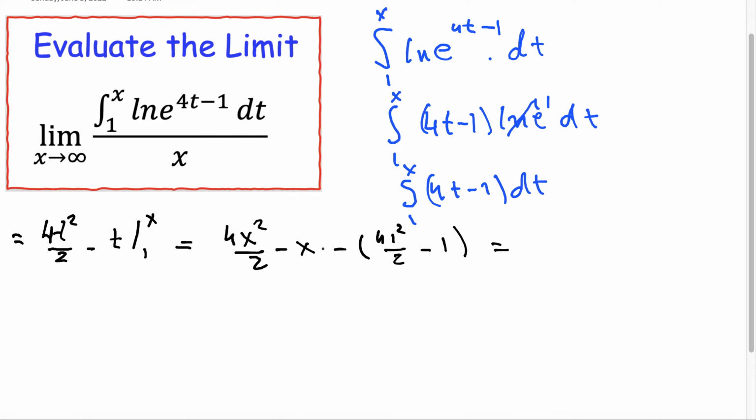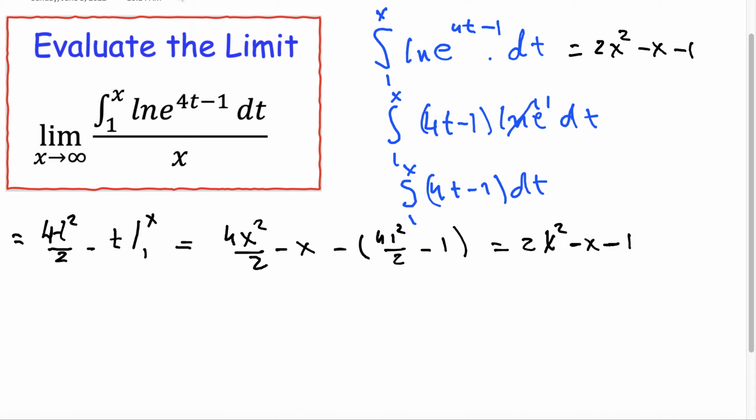When we do the whole work, 4 divided by 2 is 2x squared minus x, and 4 times 1 is 4, divided by 2 is 2, minus 1 is a minus 1. So everything here is a minus 1. And instead of this integral in the numerator, we are going to substitute 2x squared minus x minus 1.